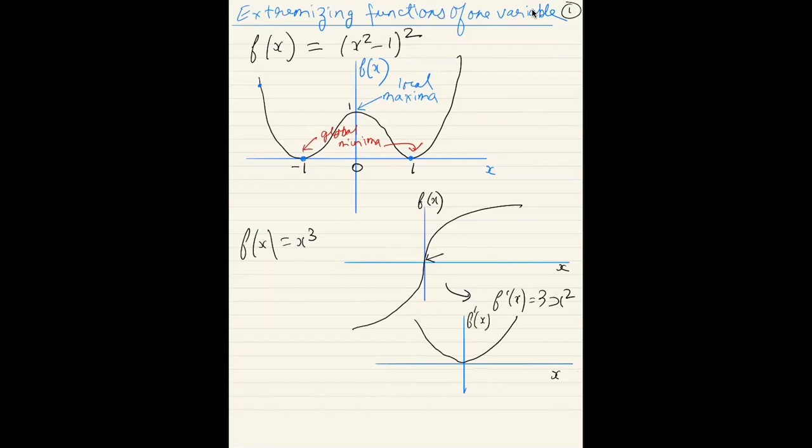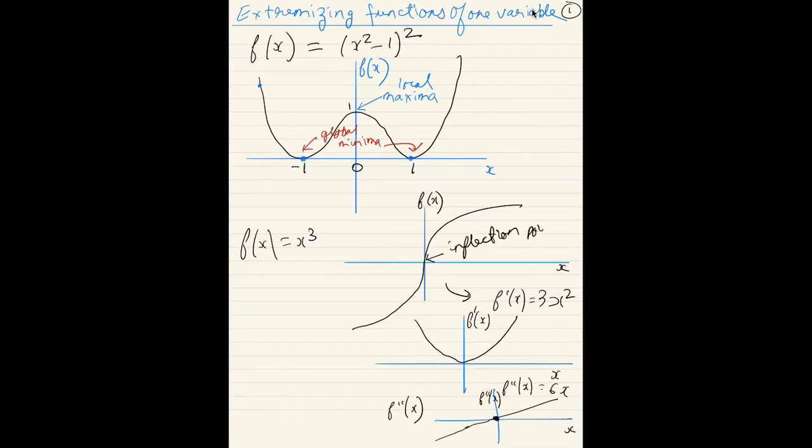F prime of x, and if you plot f double prime of x, that's going to be 6x. It will pass through the origin, and that's our f double prime of x. So this point is called an inflection point.